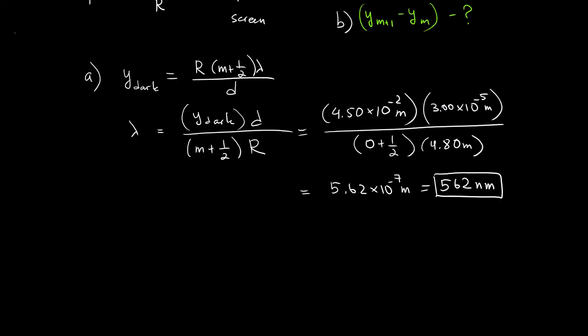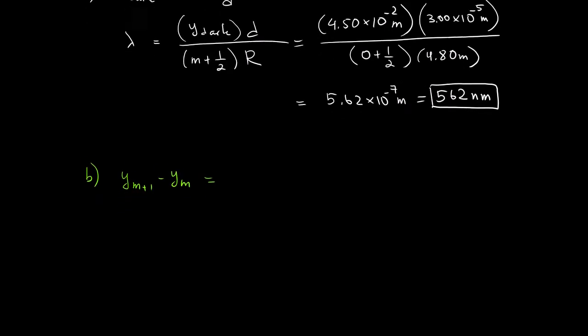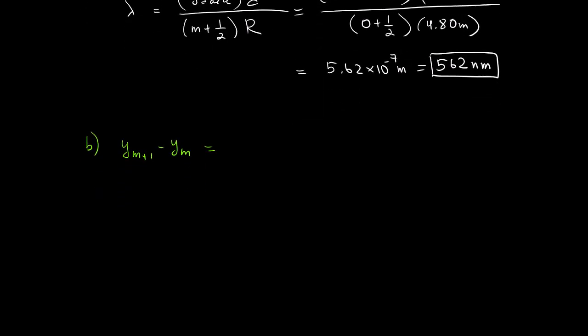Now for part B, we want to calculate the distance between adjacent bright fringes, and that would be ym plus 1 minus ym, and we will use the expression for the bright fringe. We found the position of a bright fringe earlier: ym equals m lambda r over d.